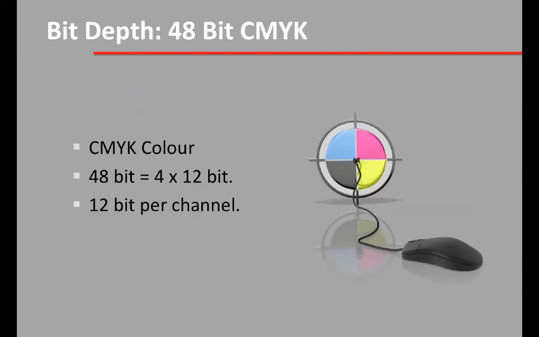Now 48-bit CMYK, you might see this on some scanners and so forth, not so much cameras. But CMYK is another image mode that's used in the graphic arts industry. So graphic reproduction in magazines and brochures and books and so forth use CMYK images rather than RGB.